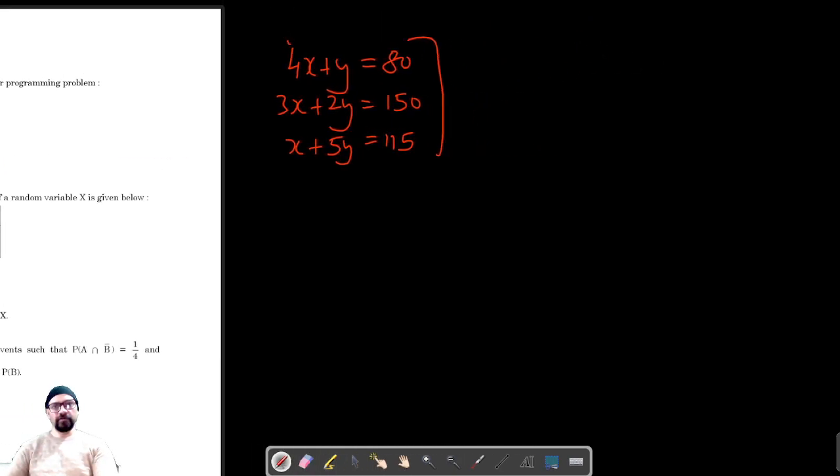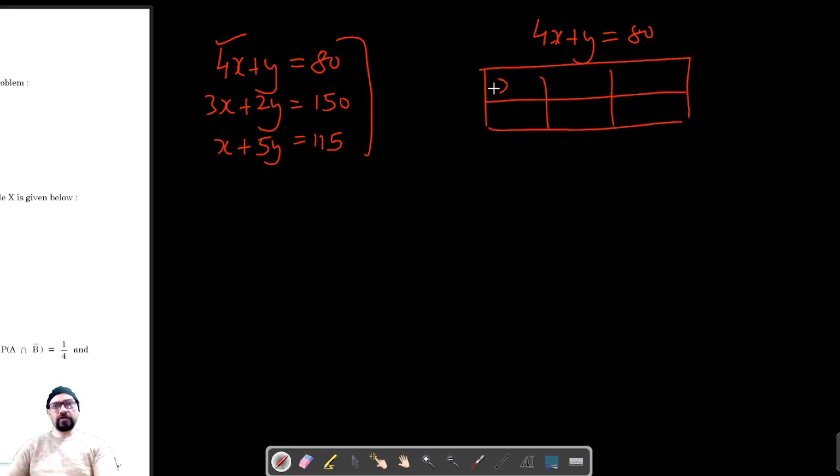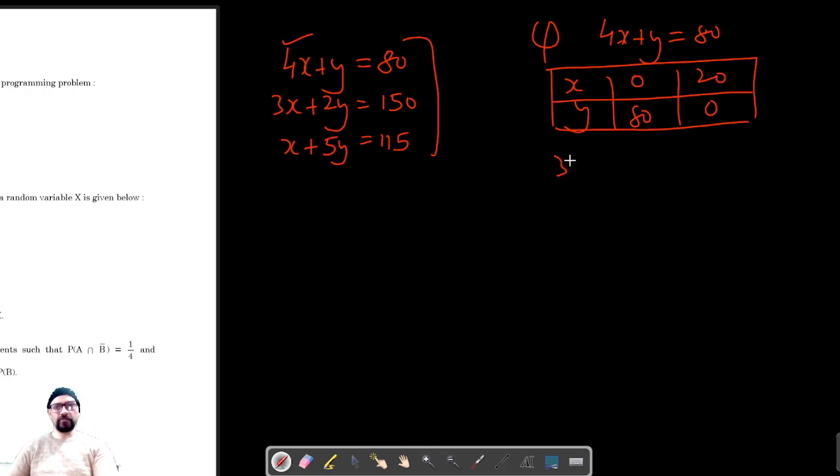Okay, so for the first one, 4x plus 5y is equal to 80. Let's try to get the coordinates, which are x, y. So x is equal to 0 gives y is equal to 16, and y is equal to 0 gives x is equal to 20. Okay, for the second one, 3x plus 2y is equal to 150.